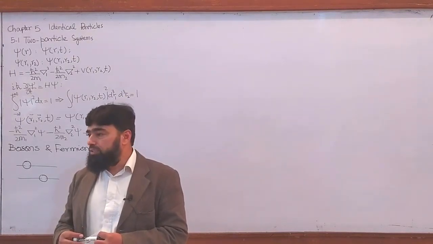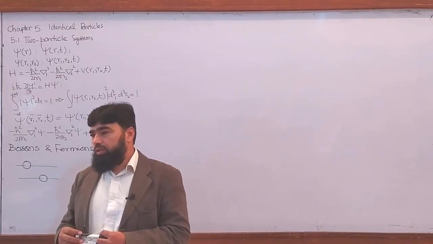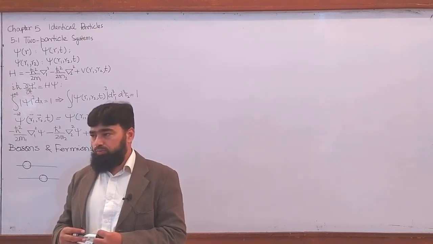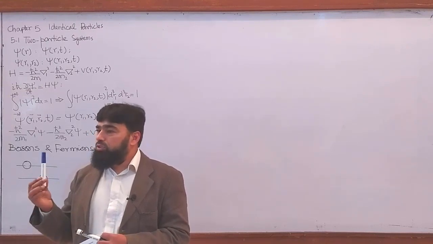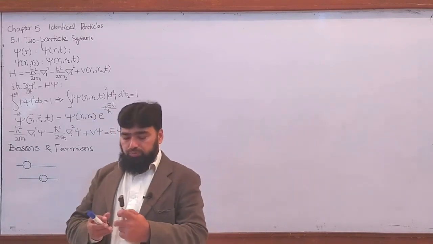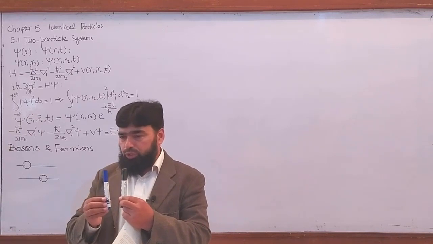So we can recognize them from spin. They will become distinguishable. True? Yes, sir. But the answer is no. Why? Because I have told you earlier as well. This electron is with spin up and this electron is with spin up.